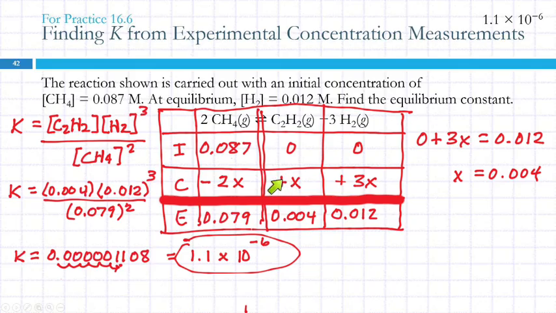If we put negative x here and negative 3x and put plus 2x here, it's important that the negatives are on one side of the arrow and the positives are on the other. You can't just sprinkle them around. If you got the signs wrong, x would be negative 0.004, and you can plug that in and you'll still get the right answer. Yeah. Any other questions?